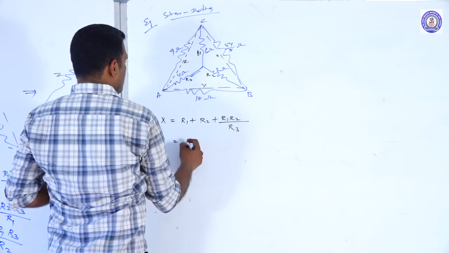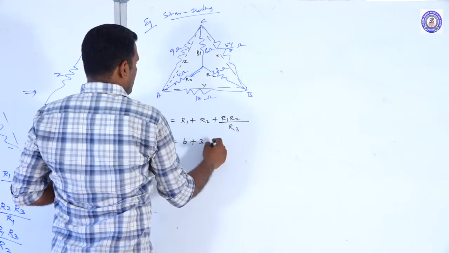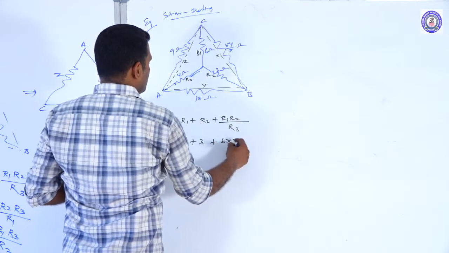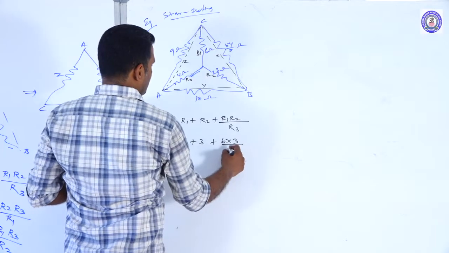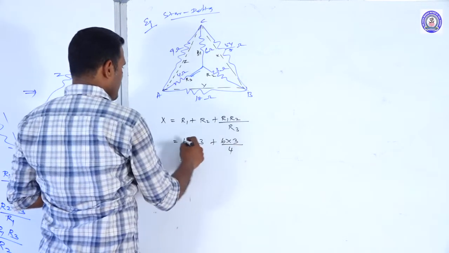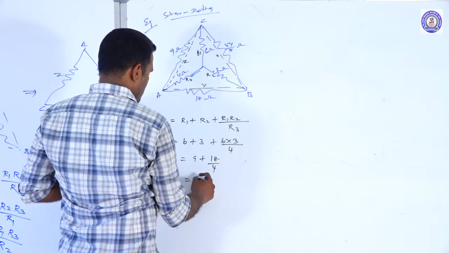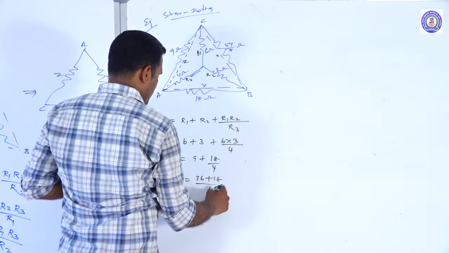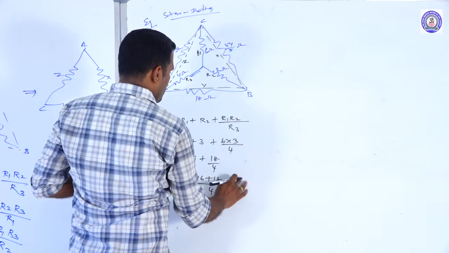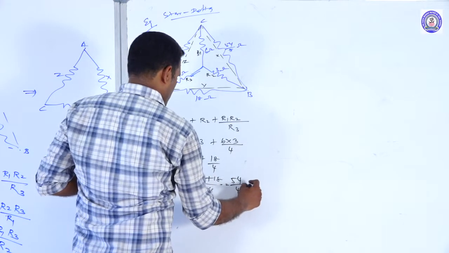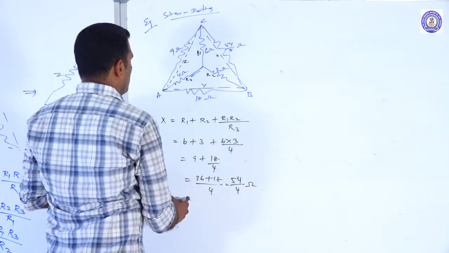What is R1? 6 ohm. R2 is 3 ohm, plus R1 R2, 6 into 3, divided by R3, which is 4. So 9 plus 18 divided by 4, 36 plus 18 divided by 4, which is 54 divided by 4. X is 54 by 4 ohm.